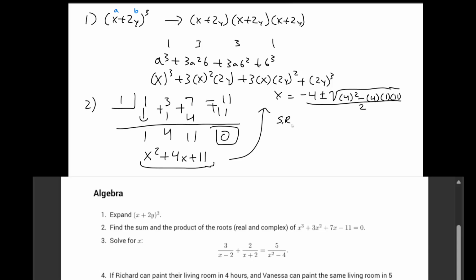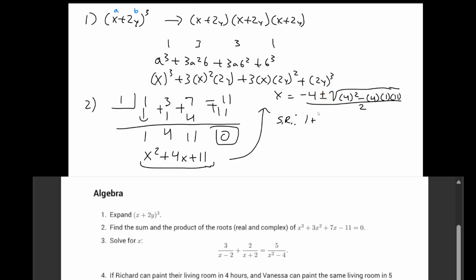The sum of roots, right? So we have 1 as a root, and the reason why I'm saying we don't need to simplify the b squared minus 4ac for finding the sum of roots, we will for the product of roots, is because these will cancel, because it's a positive and a negative root.